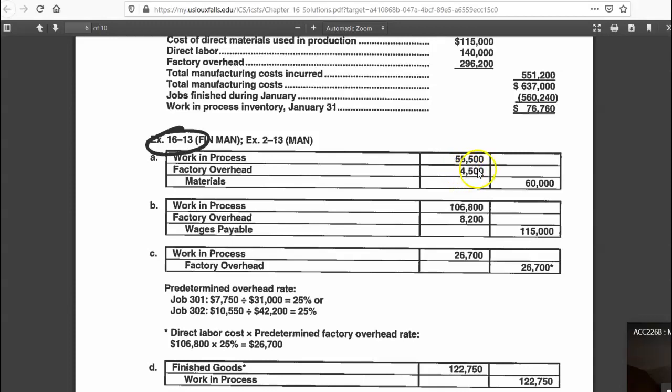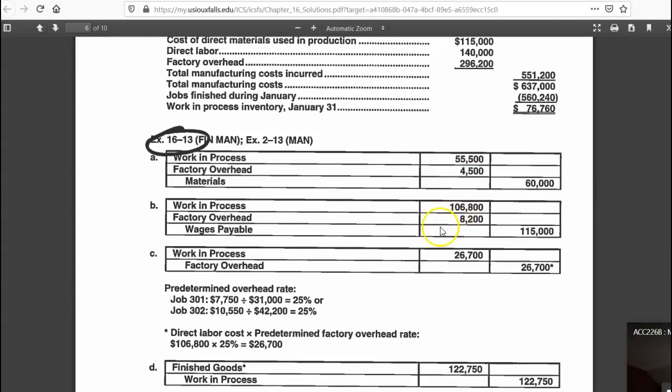The overhead of 4,500 was what we read in that problem. And what we're doing is we're taking $60,000, that's the sum of those two, out of materials, and we put them to the job and into the overhead bucket.